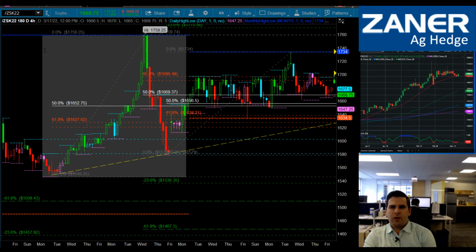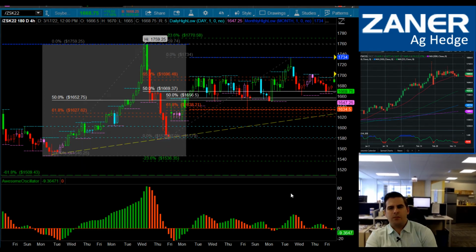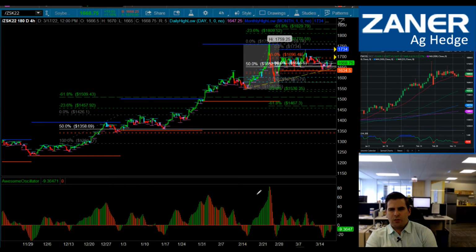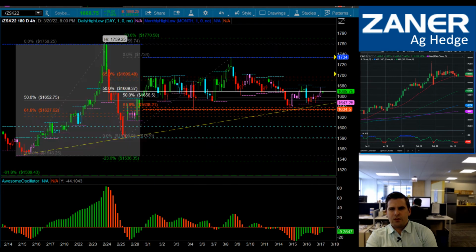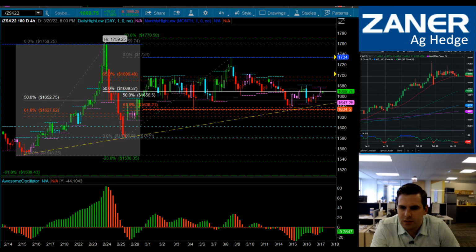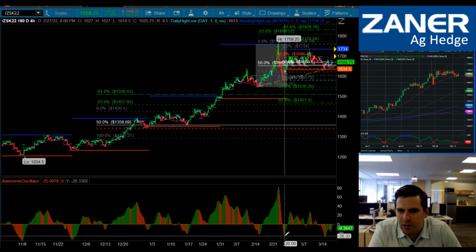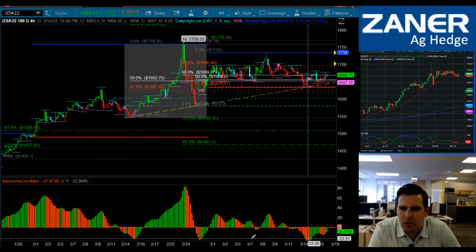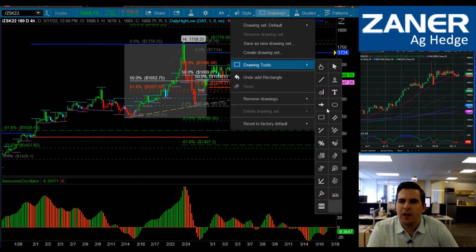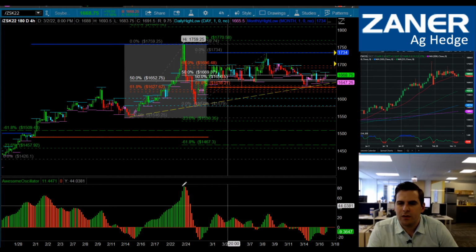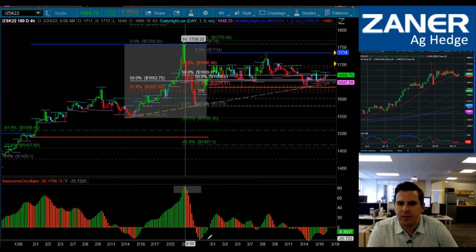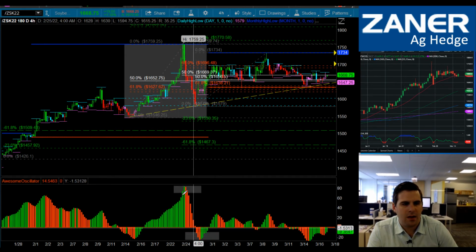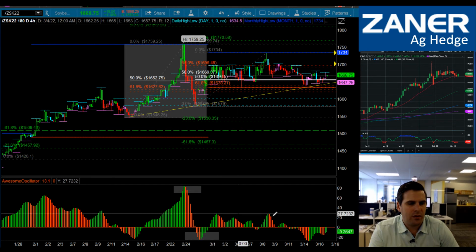And if we edit studies here, and let's just add an awesome oscillator, give you a momentum indicator here, because I just want to show typically what ends up happening is double divergence. It didn't work too well on this chart, but the idea is that you get some extremes on that trend on the oscillator too, and then every new high after is less.